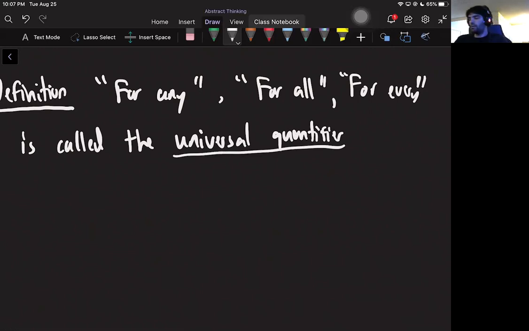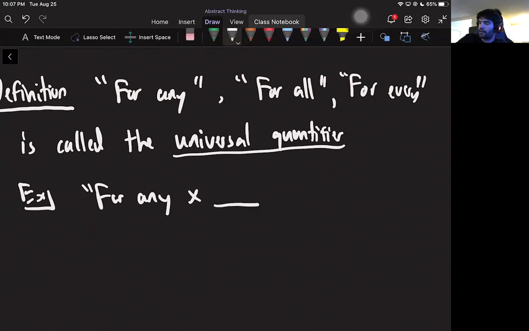So why is it called the universal quantifier? It's because when you use it in a statement, for any x of some kind, a predicate happens, what you're doing is you're claiming that the predicate is universally true.